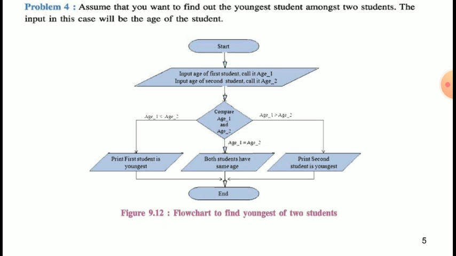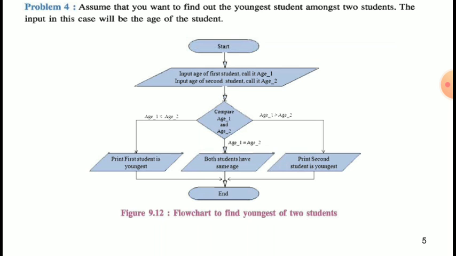And then next is a diamond shape. Diamond shape means a condition. There is a decision symbol, yes or no. So comparison of age 1 and age 2. On the left side age 1 less than age 2, and on the right side age 1 greater than age 2.